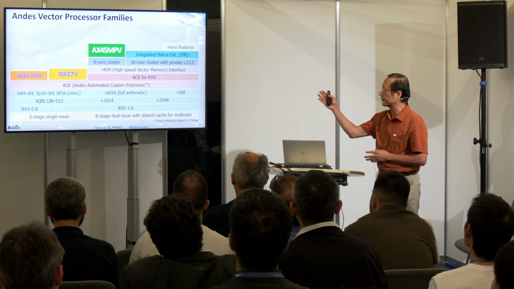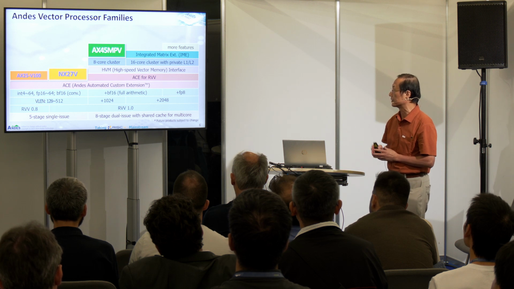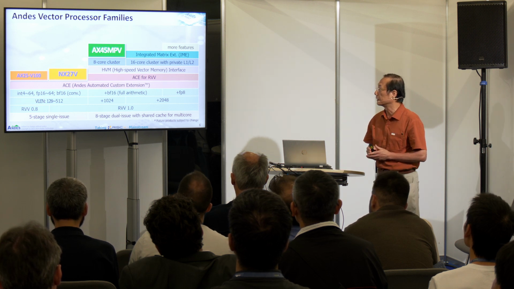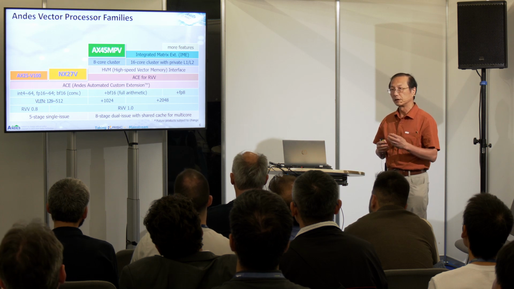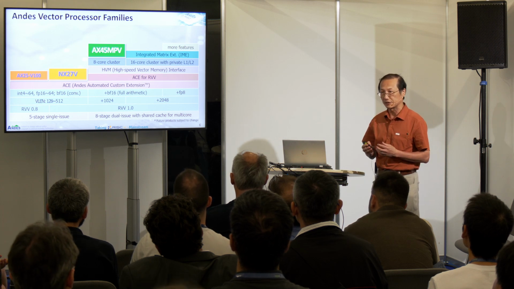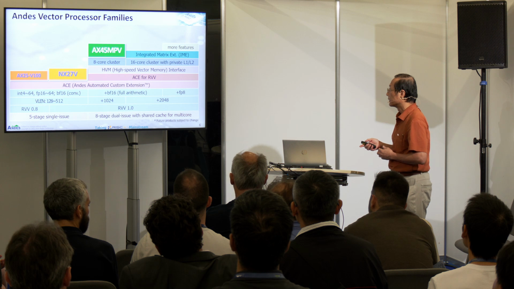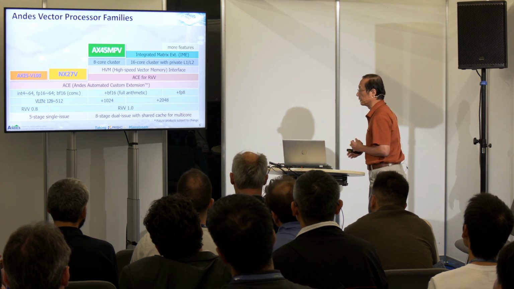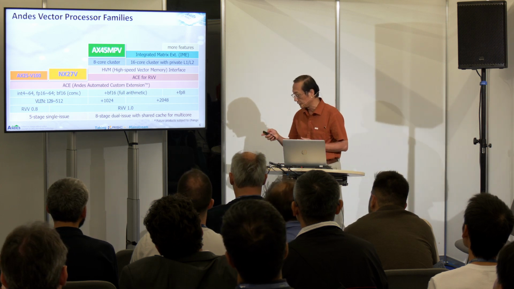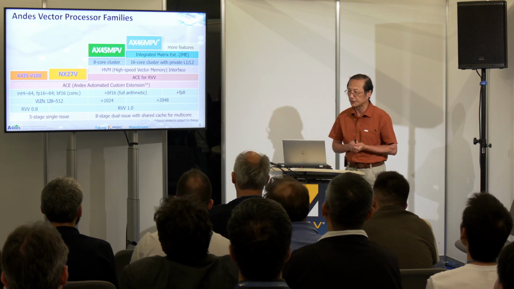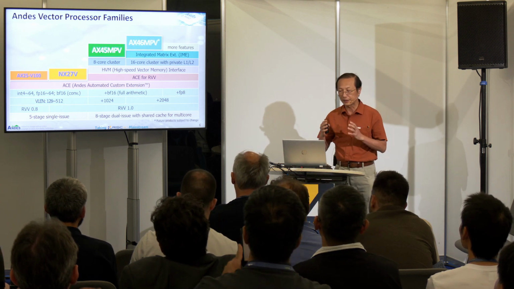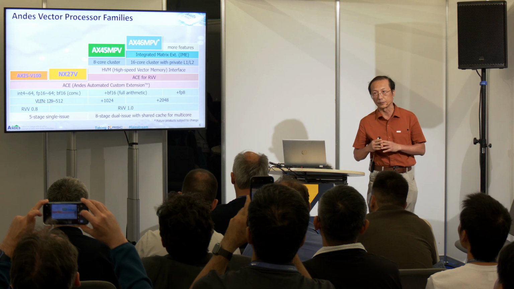From the left, these are vector processors, but the 45MPV is a multiprocessor together with a vector processor integrated. So I listed their features here, and coming up, we are doing the 46MPV, expected to be available by the end of this year.